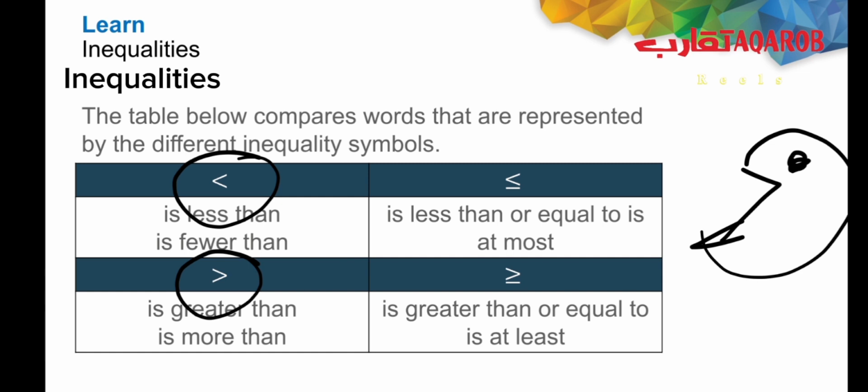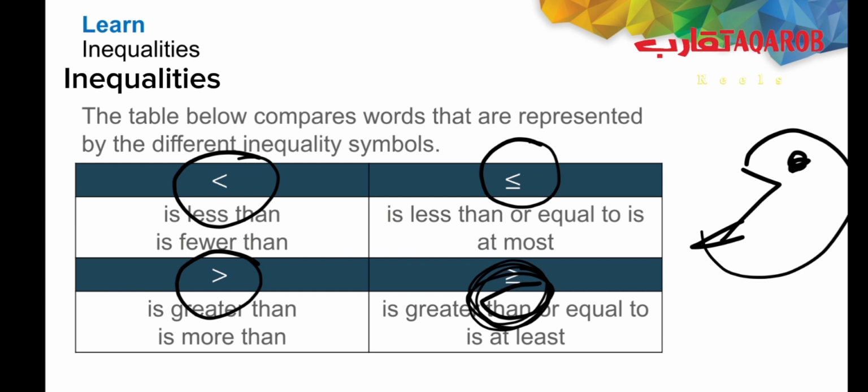Now, when I say less than or equal to, I add to the less than sign this dashed line or this bar under it. Now when I say greater than or equal, I do the same to show that they could be equal.